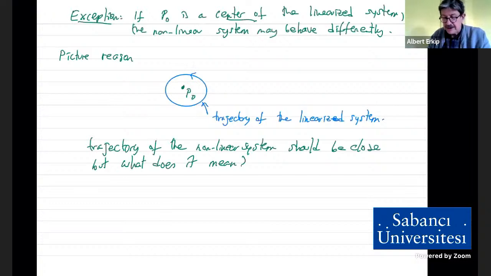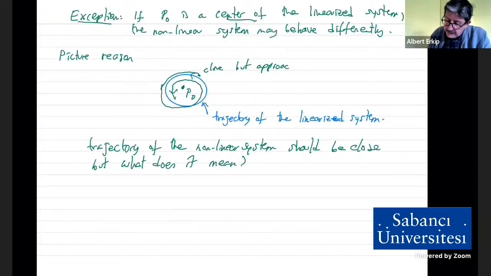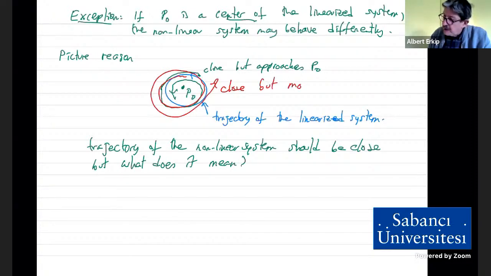Say t is going like that. The linear trajectory is periodic and is going counterclockwise. So it should be close, but close could be this, which approaches P0, but also this is close, but moves away from it.